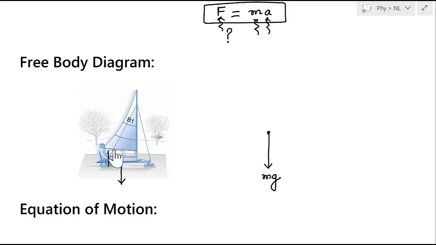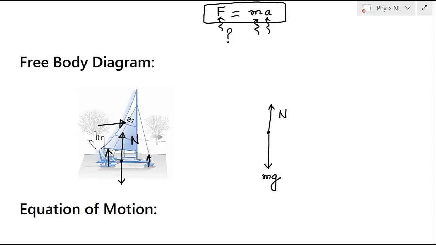Now this surface will also apply a normal reaction. We will concentrate all this normal reaction at one point and call it N. So this is the normal reaction acting on this ice boat system.